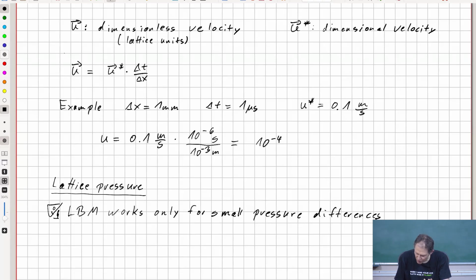This is actually also true for the Navier-Stokes equation. In the Navier-Stokes equation, pressure is a potential. Actually, pressure is not really a potential, but in the Navier-Stokes equation it kind of is. Pressure can go to an arbitrary level, even to negative infinity, because it's a potential.